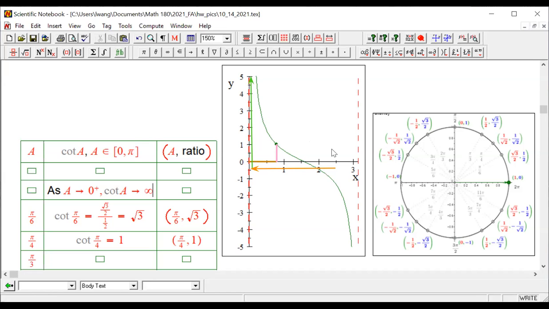On the other side, when the angle is approaching pi from smaller than pi, what does the ratio approach? It approaches negative infinity.